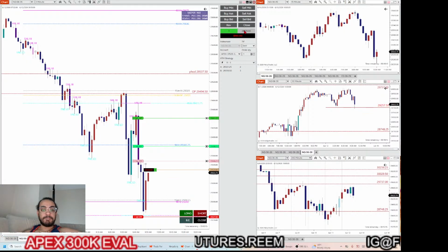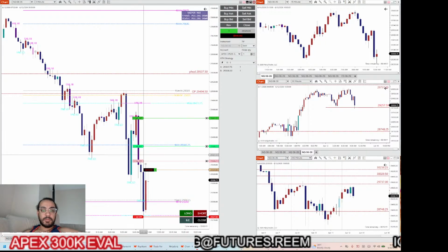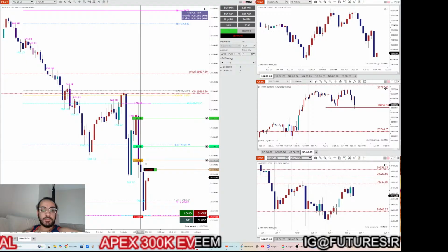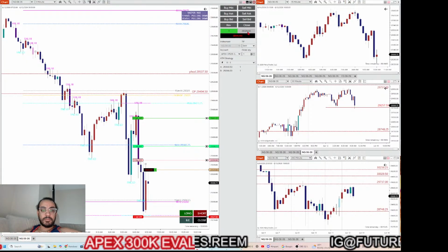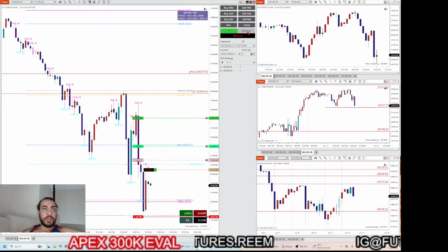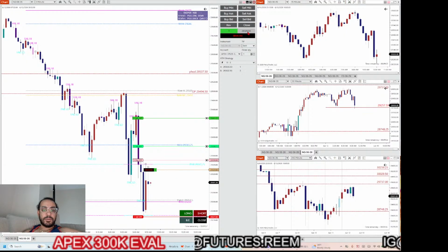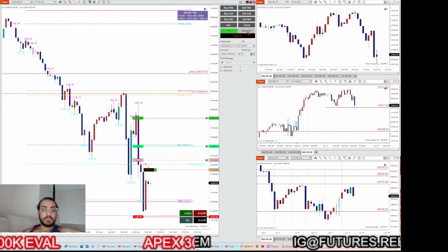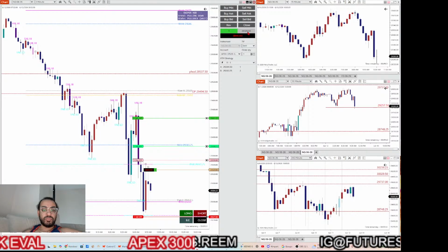Let's see what happens. You don't know yet. I missed the entry at the bounce, unless I get another one. This should be it. I'm debating on getting out, but we got this double inside bar here. Might just get out here.